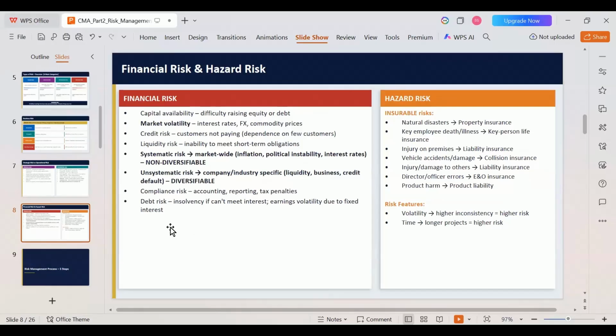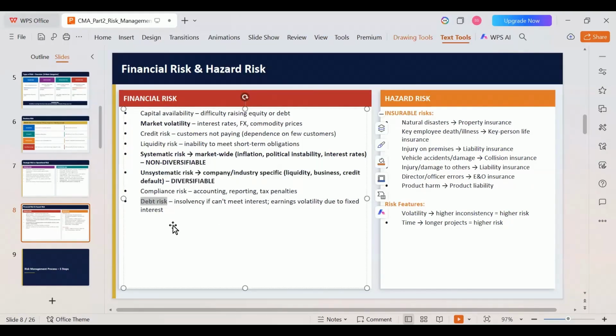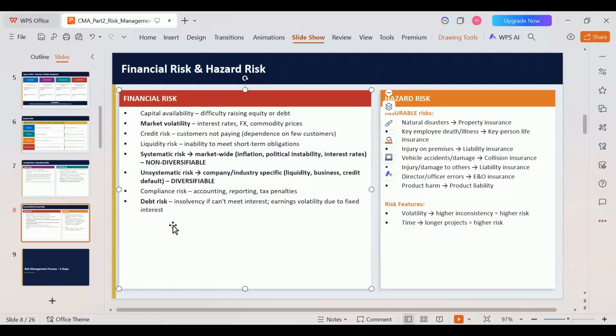Then debt risk. Insolvency if can't meet interest. Earnings volatility due to fixed interest. Debt risk in the sense, company, obviously, will have investors who have invested in their debt instruments, bonds, and so on. Now when they are not able to pay the interest back to them, that becomes their debt interest.